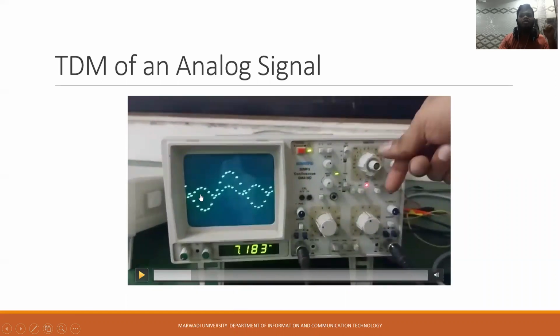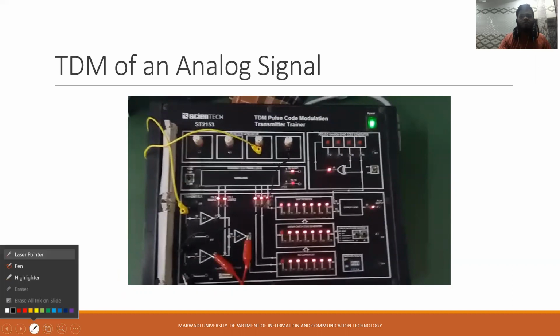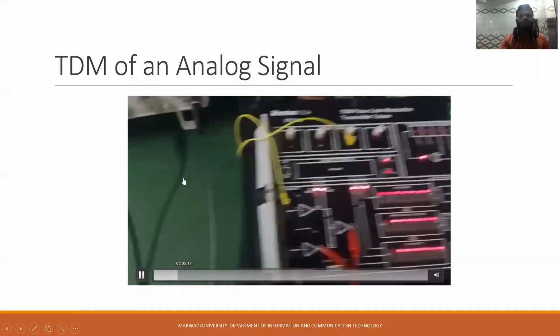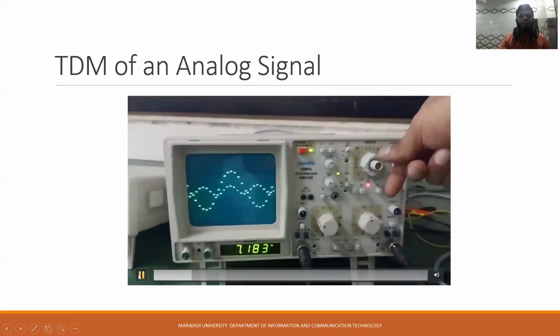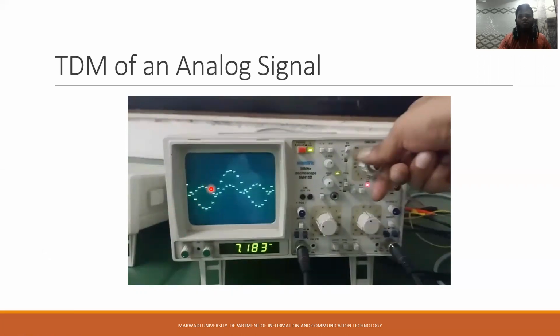This is where we are getting the output, and as you can see, this is only one output, but we receive two signals in the CRO. This is one signal and this is the second signal.